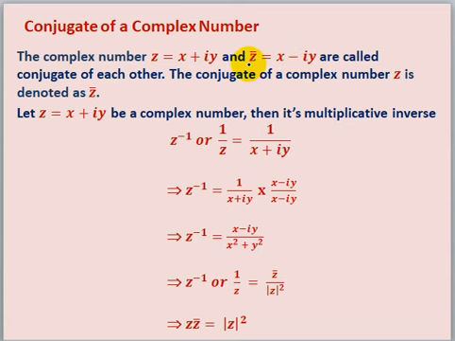So its modulus will be the square root of the square of x plus the square of minus y, and the square of minus y comes out to be y square only. So you will find the modulus of a complex number and its conjugate are both the same. So we get a result which is z into its conjugate is equal to the square of its modulus.